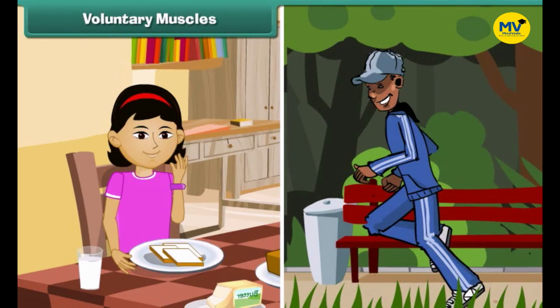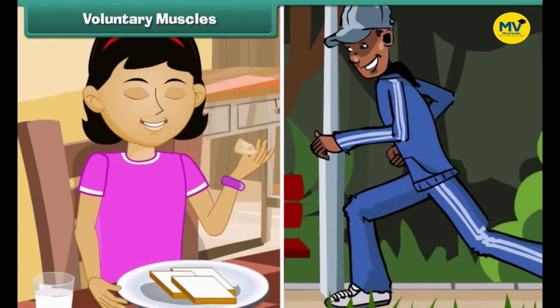Muscles that carry out these actions act according to our wishes or volition and are called voluntary muscles. Movements brought about by voluntary muscles are called voluntary movements. Our arms and legs contain voluntary muscles.